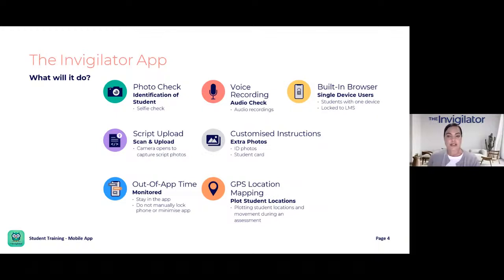And then at the bottom, GPS location mapping. So we determine your position where you're at when you are using the app. And the reason we do that is to determine whether there are any students who are in very close proximity when they are using the app. Now, I just want to reassure you that a GPS failure in itself is not a transgression because students often write in student accommodation or in a library or in an office.